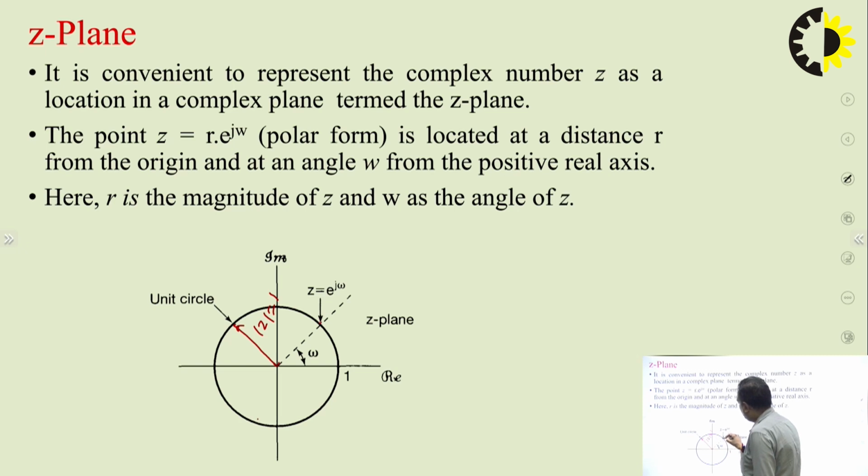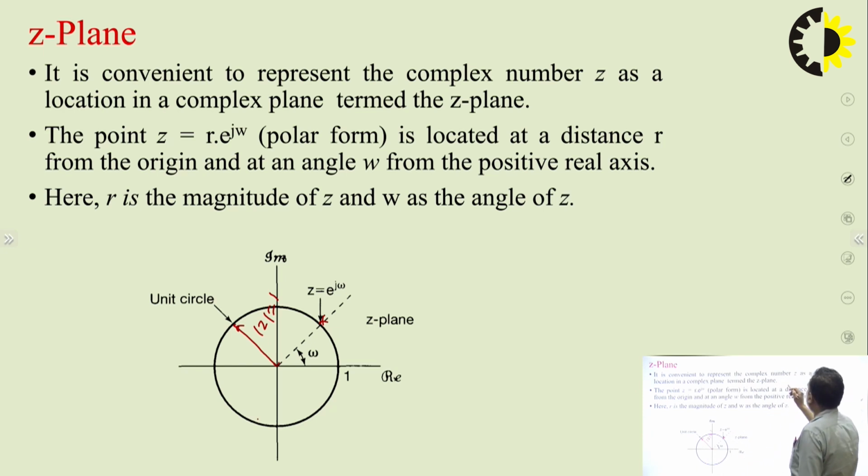By increasing the value of omega, you can cover the entire circle. And if the radius changes, the circle changes, and you have circles of different radii.